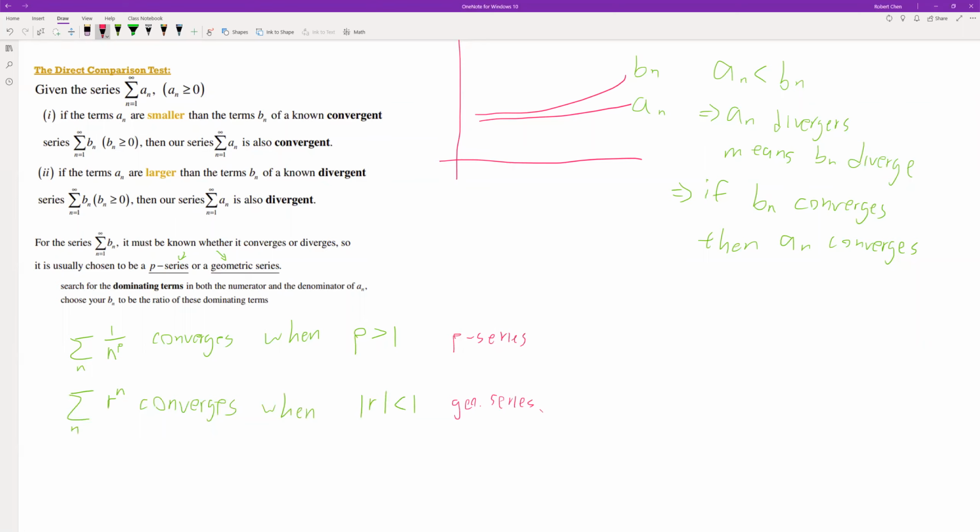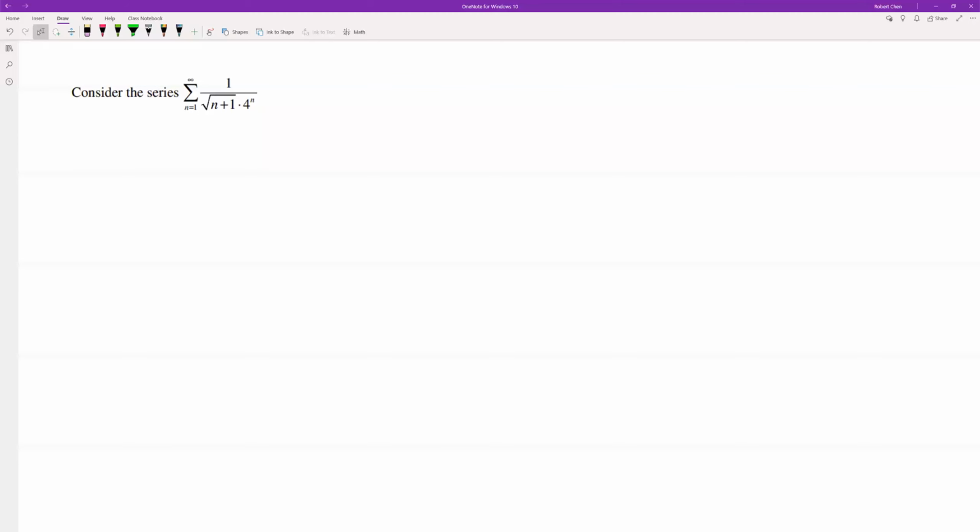All right, let's do one example with the direct comparison test. Consider this series: 1 over radical n plus 1 times 4 to the nth power. Let's call this AN.